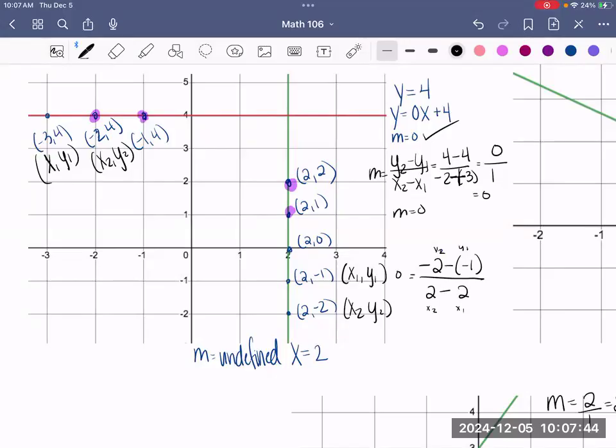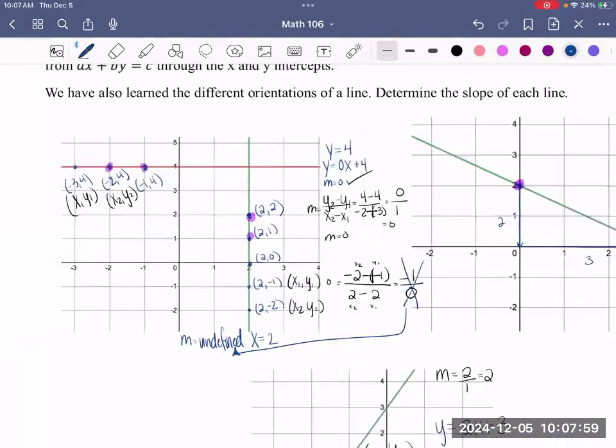Notice that up top, the double negative turns to positive. We get -1 over 0. Is a 0 allowed in the denominator? No, it's going to cause an issue, so therefore it's undefined. That's why these two slopes are slightly different. It just depends on the type of line that you have.